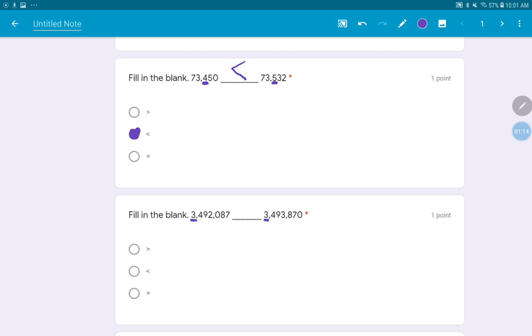So we go to the 4, and then you look at the other number, that's the same. Look at the 9, that's the same. Look at the 2, that's not right. So you would pick the one on the right. We know that 3 is more than 2. So 3,492,087 is less than 3,493,870.